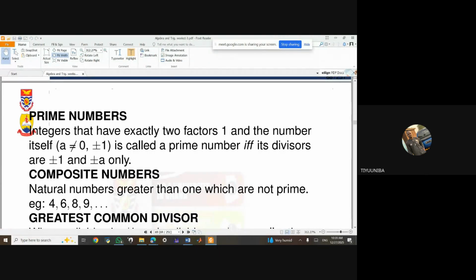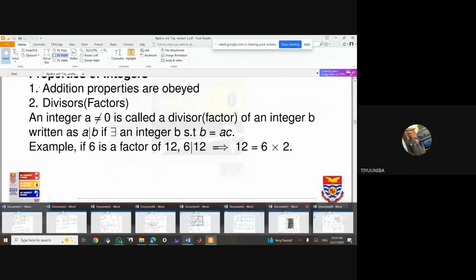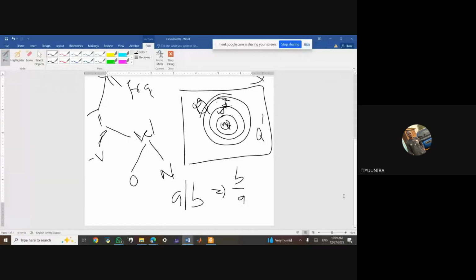Yeah, hello. Why not write it? You said a divides b is the same thing as b over a. So 6 divides 12. Why not just write it as 12 divided by 6, which is equal to 2?